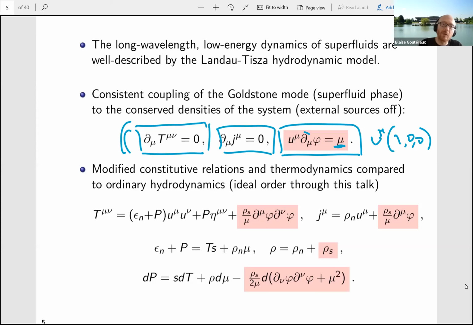So the goal is to write these objects, T^mu nu and J^mu, in terms of energy, charge densities, etc., and their fluctuations in a way which is consistent with thermodynamics. And then you let these fluctuate and you expand them order by order in gradients of time and space.